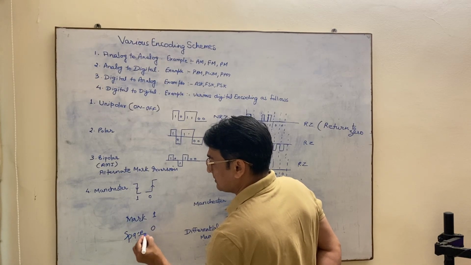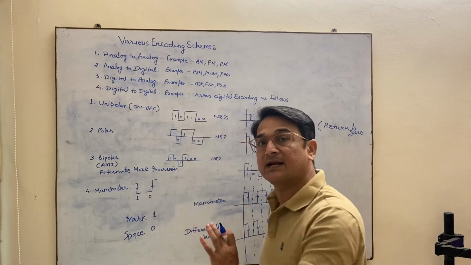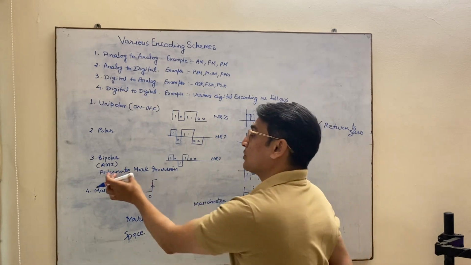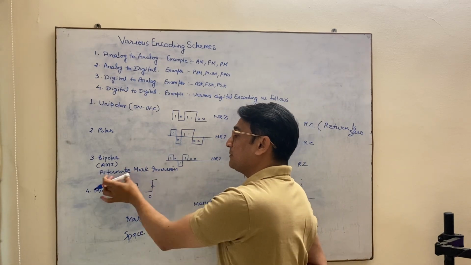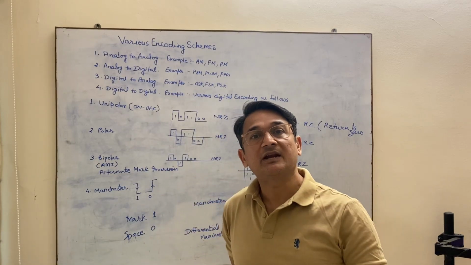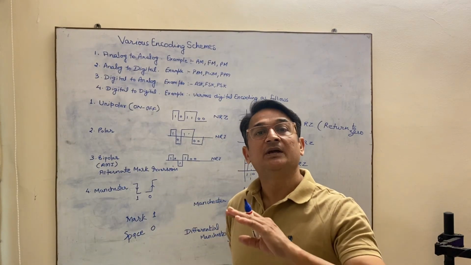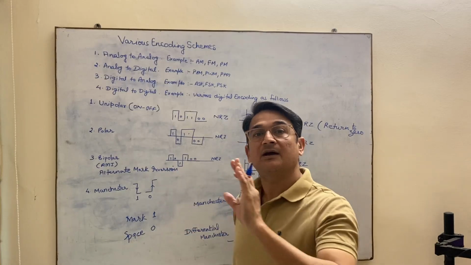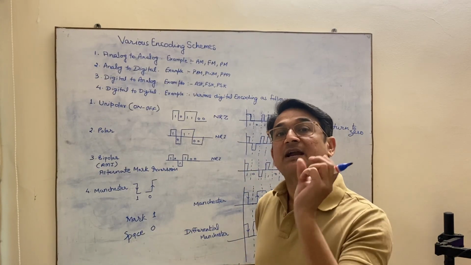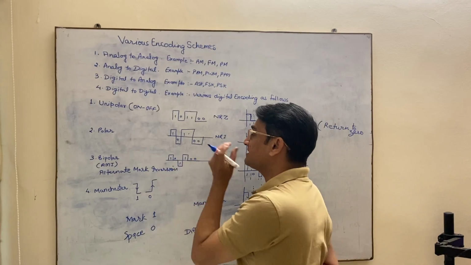So in standard form mark is always represented 1 and space means 0. So alternate mark inversion means alternatively mark will invert. That means alternatively bit 1 will be represented by some polarity, either positive or negative, and space, that is bit 0, is represented by 0.